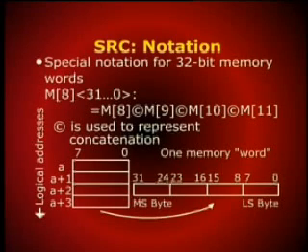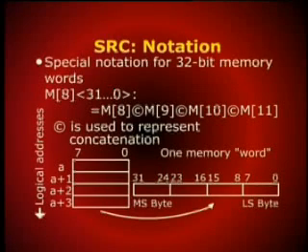The notation used is we write M8, and with angle brackets we write bit 31 up to 0, indicating that M8 is data which is 32 bits. However, it is defined as, or it is equivalent to, M8 concatenated with M9, M10, and M11.